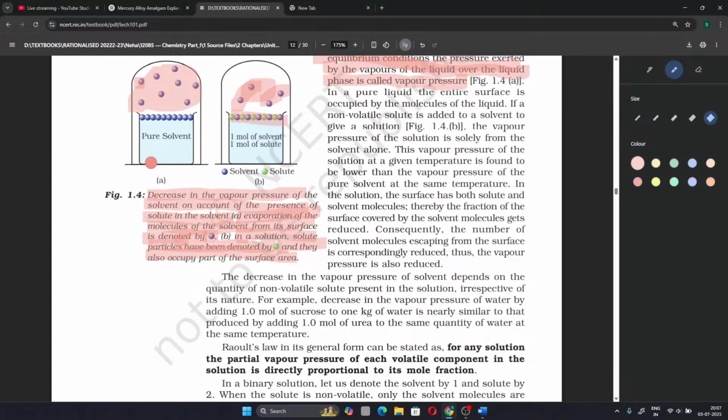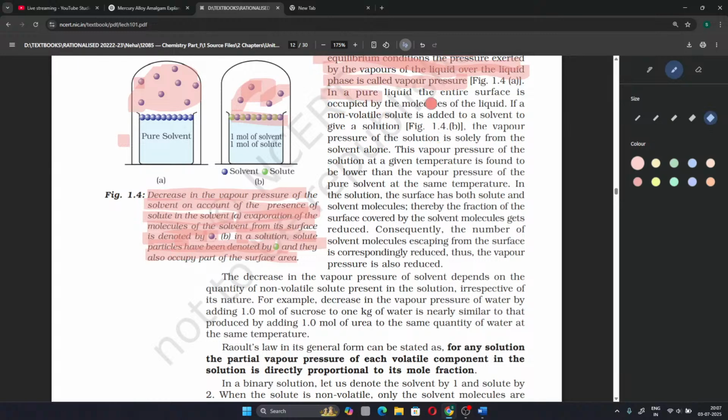Here we saw a total of 8 particles, or more than 10 to 12 particles depending on the gas. Here there are only 4 particles. Basically, as we added the solute, the vapor pressure decreased.